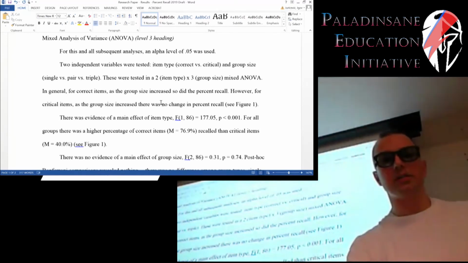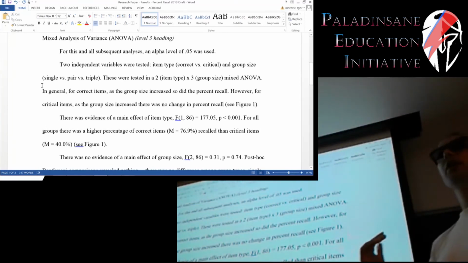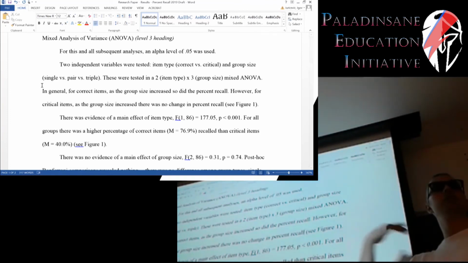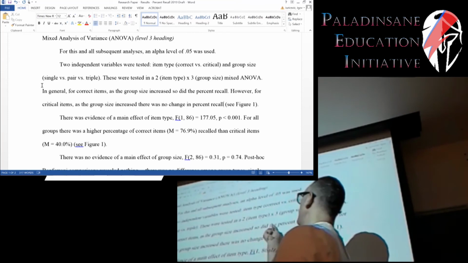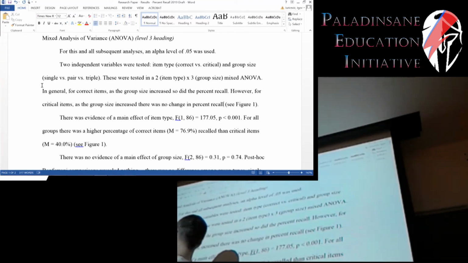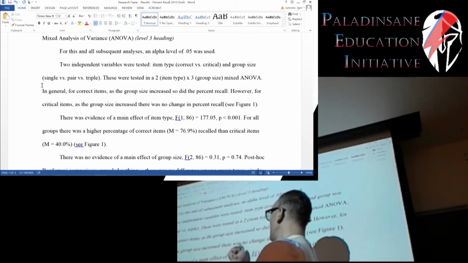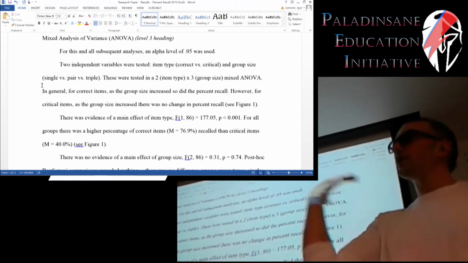All right, that one is actually, I kind of like that one. I think it's pretty straightforward. And again, notice repetition. Use that structure. As group size increased, so did the percent recall. However, for the critical items, as group size increased, there was no change in percent recall, right? Make it simple for the reader. They'll thank you for it.